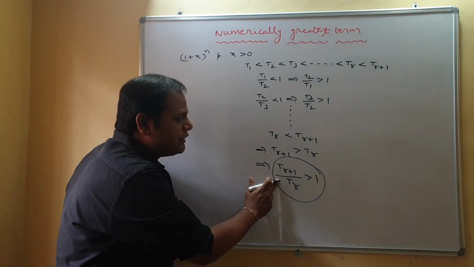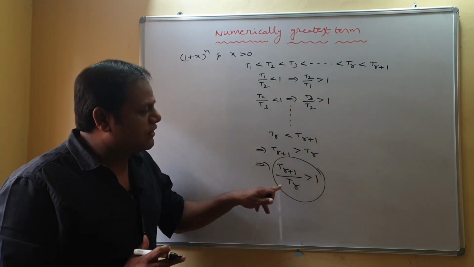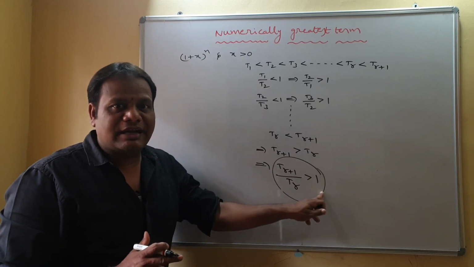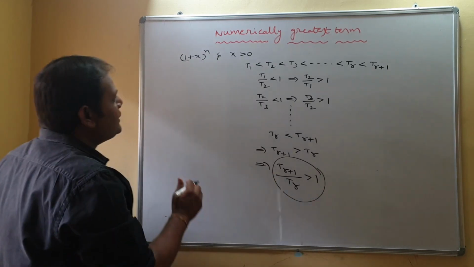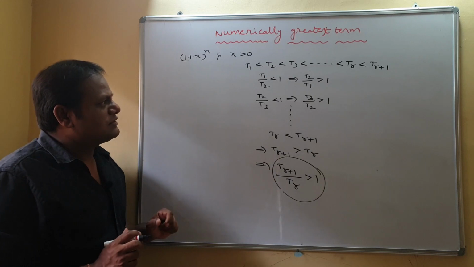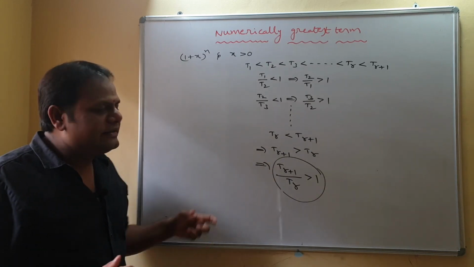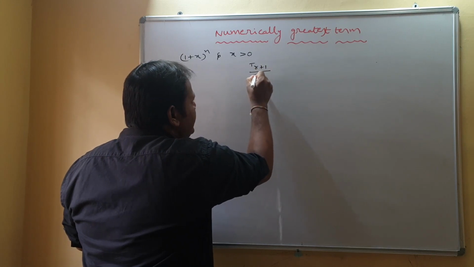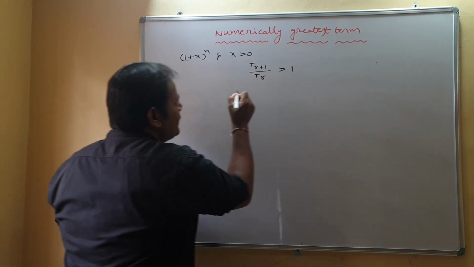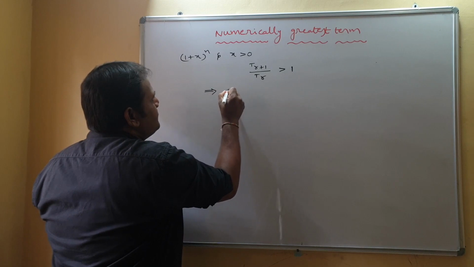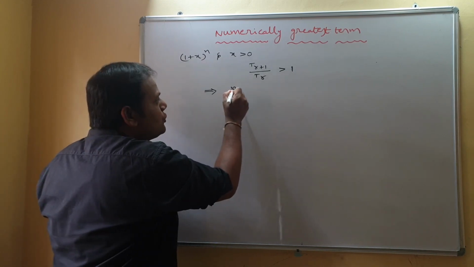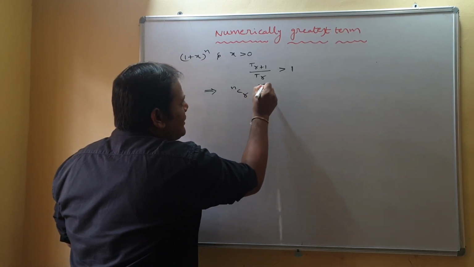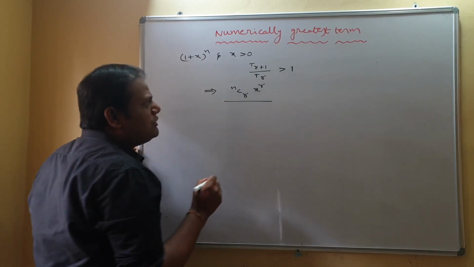I am going to simplify TR+1/TR > 1. So what is TR+1? In the expansion, you know that it is nCr x^r. What about TR?